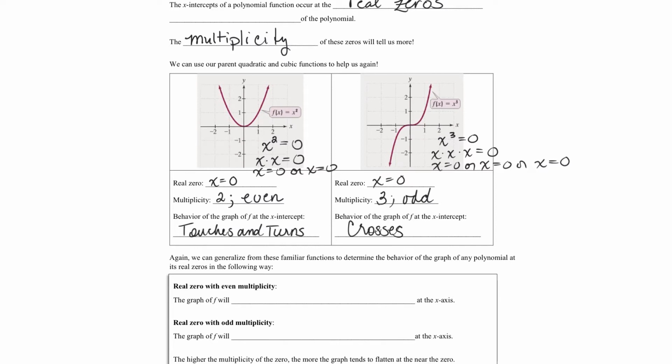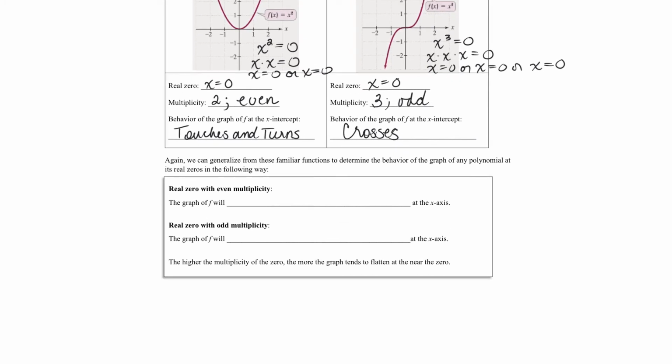So again, we're going to be able to generalize and say that any real zero that has an even multiplicity, the graph of f will touch and turn around at the x-axis. Any real zero with an odd multiplicity, the graph of f will cross at the x-axis.